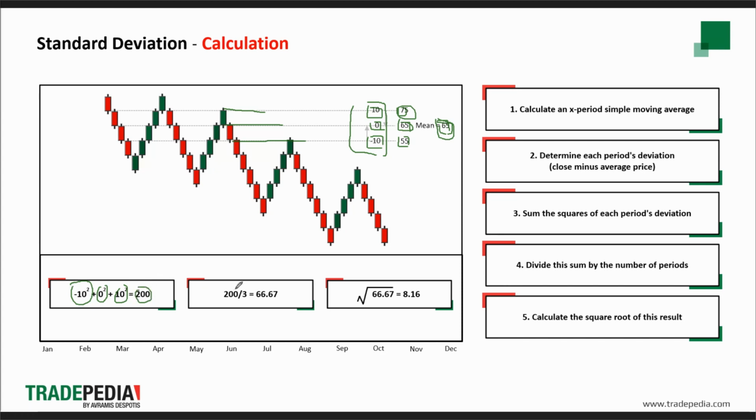Okay, so this 200, as we're only using 3 periods, we need to divide the number by 3, which is 200 divided by 3. That would give us 66.67. Okay, lastly, what we do is we square root this 66.67, finally giving us a number of 8.16. All right.